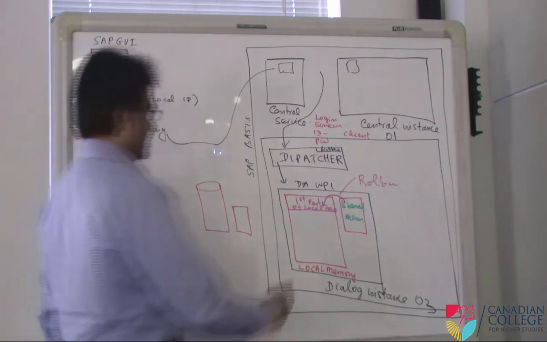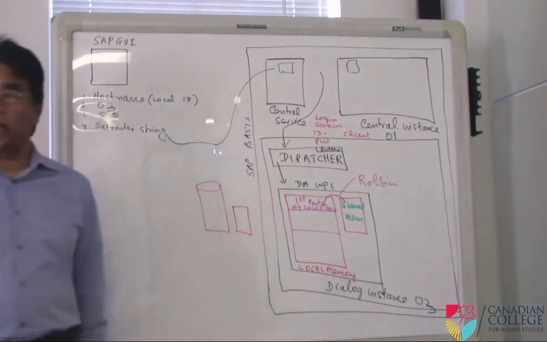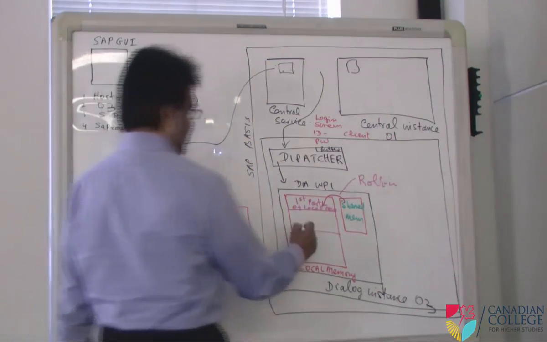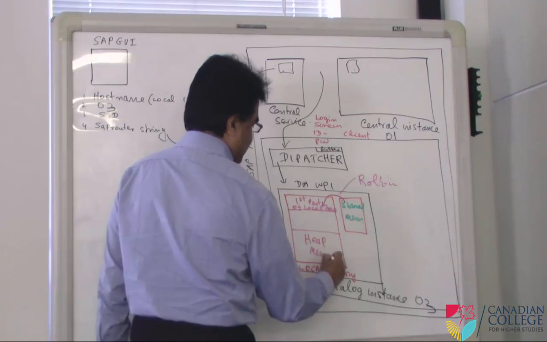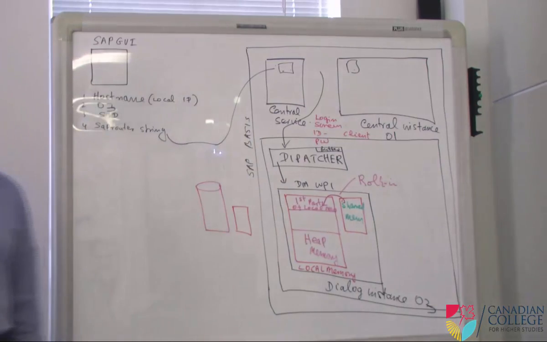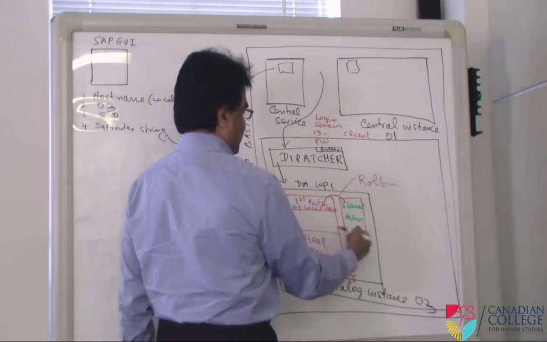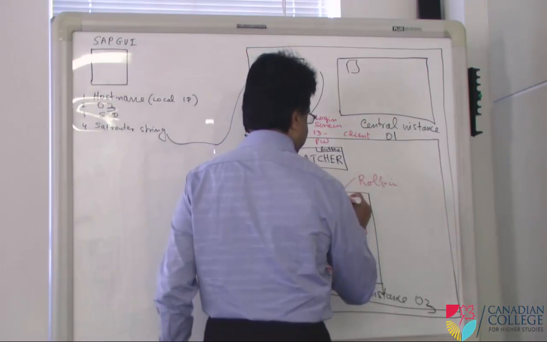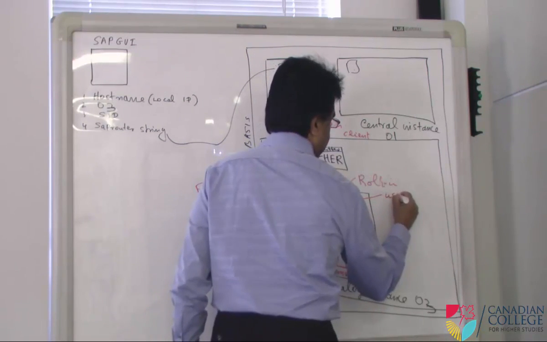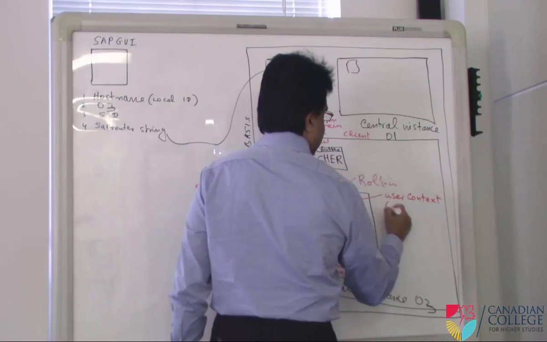Then we have another part here which will be used as and when required. And then we have a reserved area called heap memory. We discussed this in the last lesson as well, right? Yes. So the roll in takes all the information about the user. Actually the user context is loaded from here. What is user context?